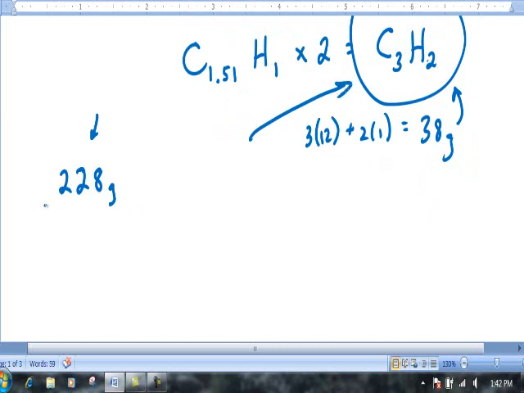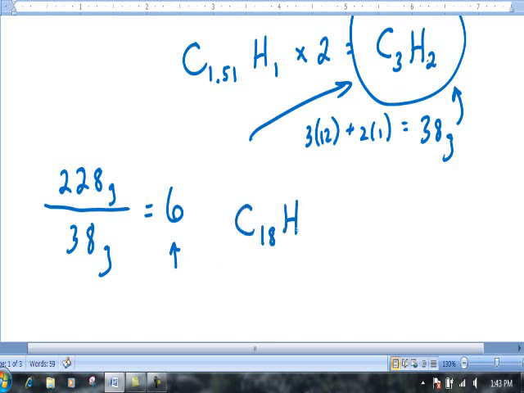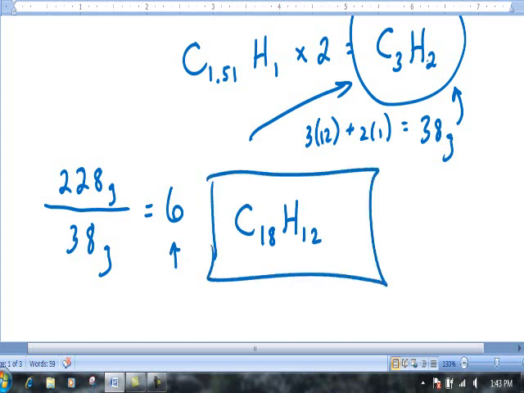So if we take the molecular weight and divide by the empirical mass of 38 grams, that comes out to be 6, which indicates that the molecular formula will be 6 times the empirical formula, giving us our molecular formula of C18H12, and that would be the molecular formula of our unknown hydrocarbon in this problem.